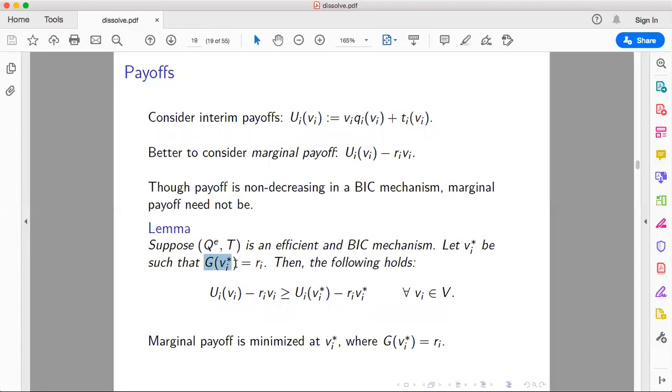Okay, so G of V star I, remember, is the interim allocation probability of a type with value V star I, and this says that G of V star I is equal to Ri. So that's how I'm defining V star I. And so here we are showing that the marginal payoff is maximized at this V star I.